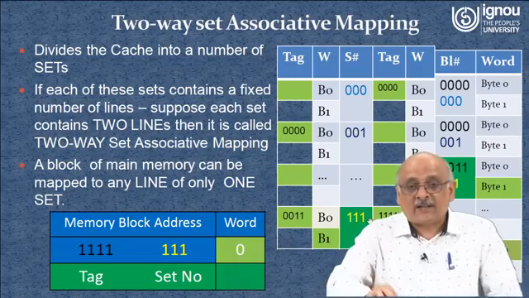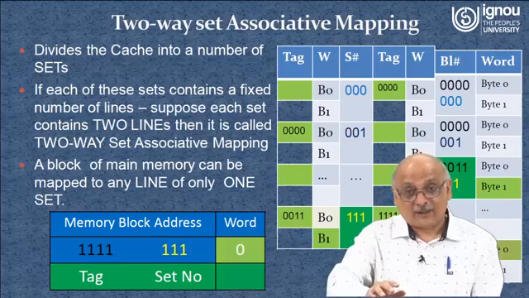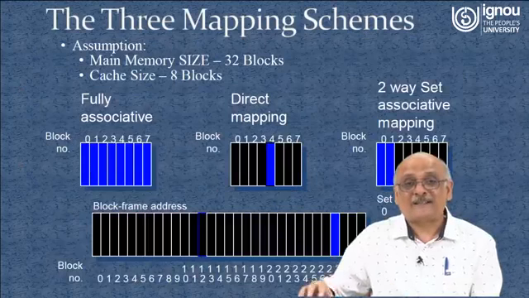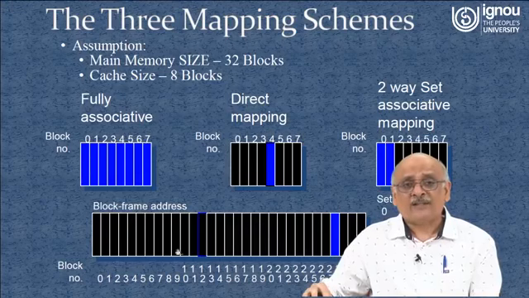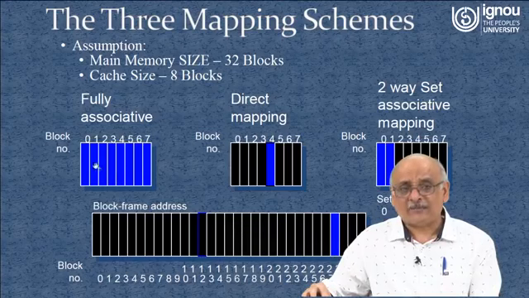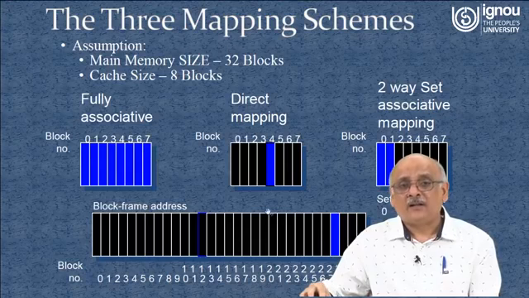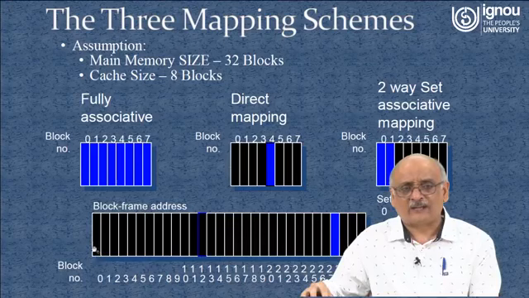So this is something which is not easy, but you have to refer to this, and I'll show a final example. Suppose the main memory size is 32 blocks and the cache size is 8 blocks. In the fully associative memory, the one which we showed, the block numbers have been merged into one, so there are no separate bytes.